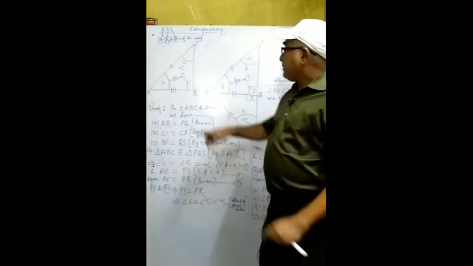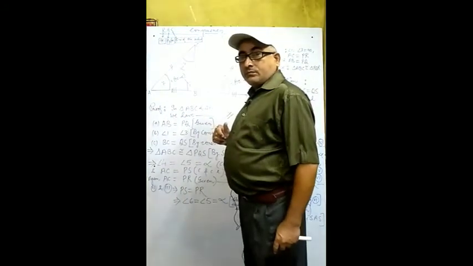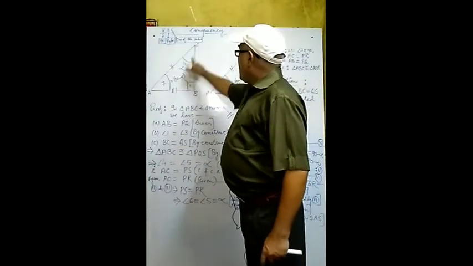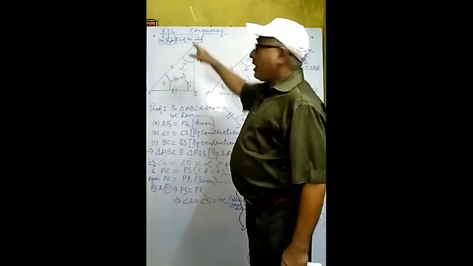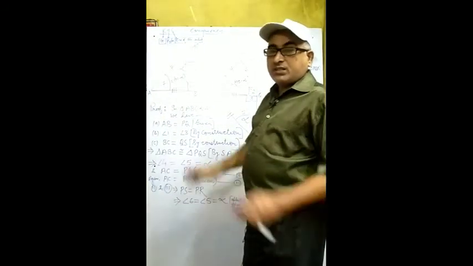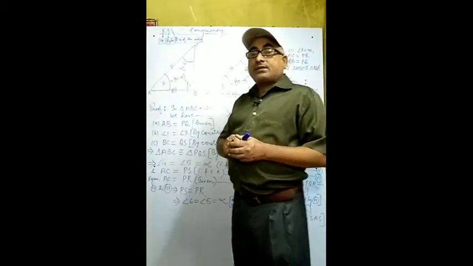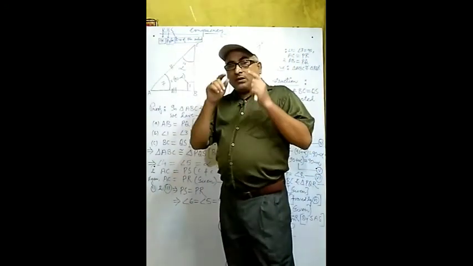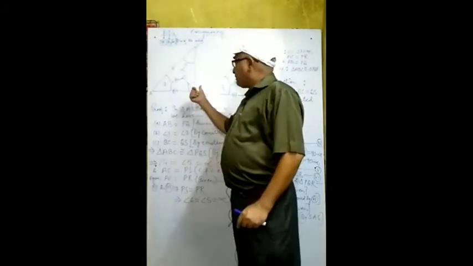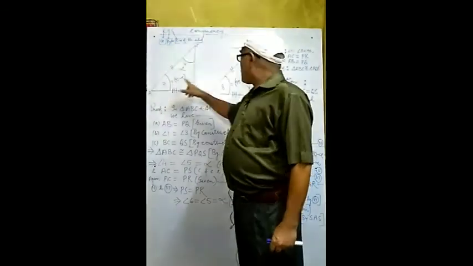In this way, side angle side, both triangle ABC and triangle PQR are congruent. In this way, we have verified the process of both congruency conditions. One more step is required here: the third angle is calculated.